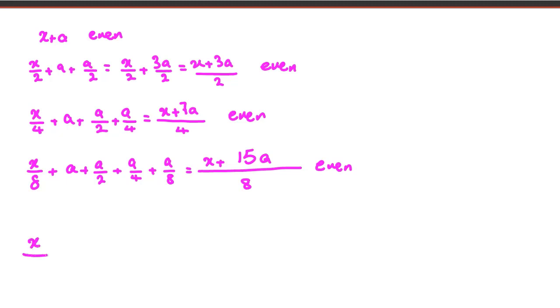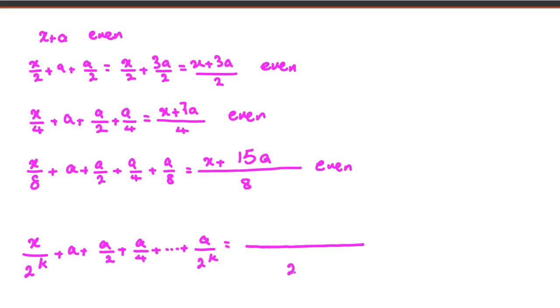So we can say X over 2 to the k plus A over 2 plus A over 4 up to A over 2 to the k. If we consider this, we factor out 2 to the k, use common denominator, and it will be X plus A times 2 to the k plus 2 to the k minus 1 plus 2 to the k minus 2 up to 1.